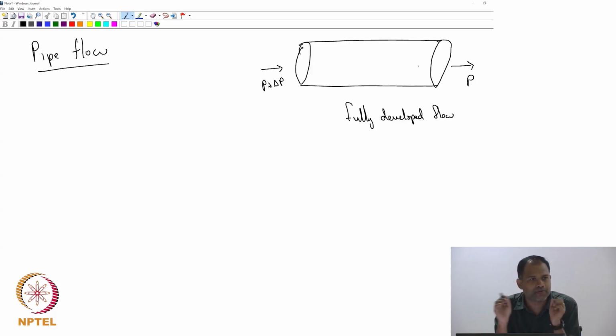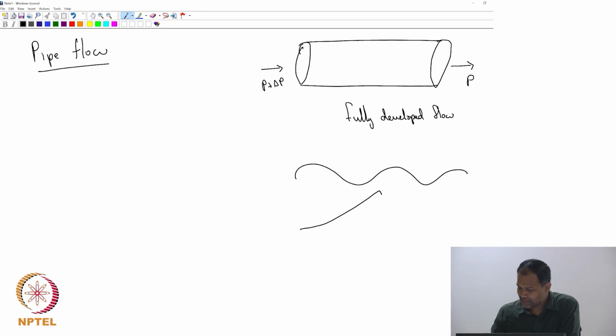Now, which coordinate system would we choose for this problem? Why would we choose the cylindrical coordinate system? Because it is a cylinder. So, let us say now I want to solve flow in that. Cartesian?